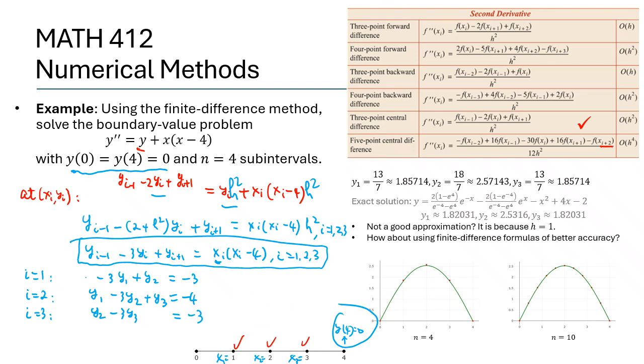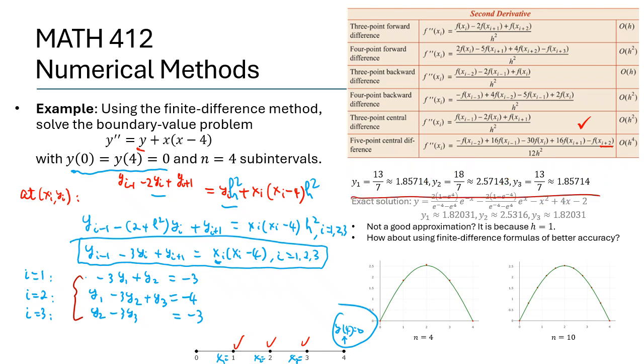Eventually we arrive at such a system, a linear system of 3 equations in 3 unknowns, and we can solve it for y1, y2, y3. We get the values here.